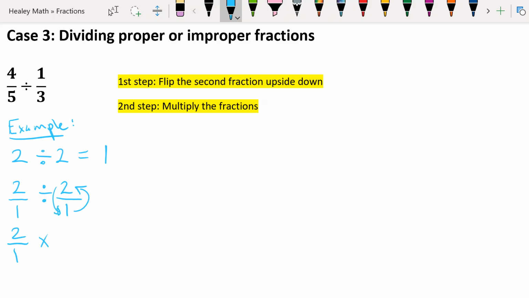Now the numerator is on the denominator and vice versa. We have 1 over 2. If you'll notice, we have a 2 on top, 2 on the bottom, and 2 divided by 2 is 1. So we're left with 1 over 1, which is the same as our initial answer.